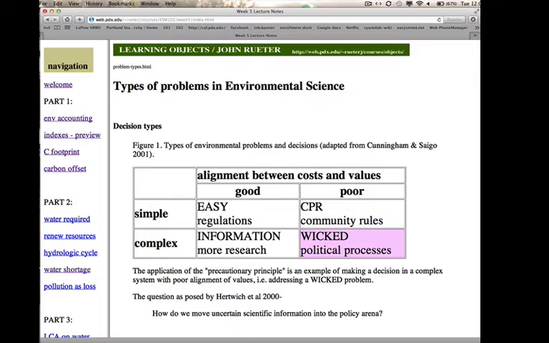And for wicked problems, which are both information and political, I'm sure we would use environmental accounting as an underpinning of much of the study, but it wouldn't necessarily lead to the decision. So information problems are really perfect to apply this accounting approach.